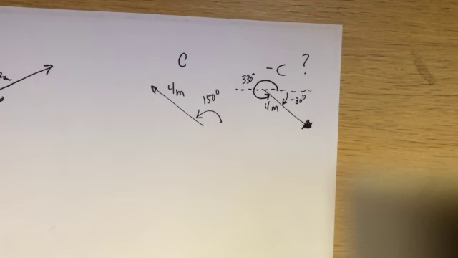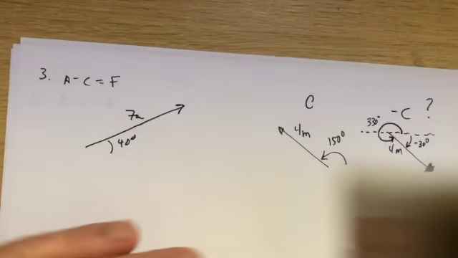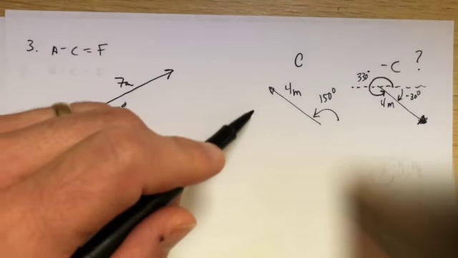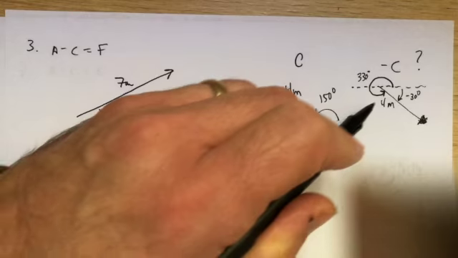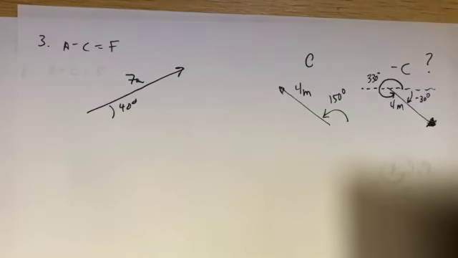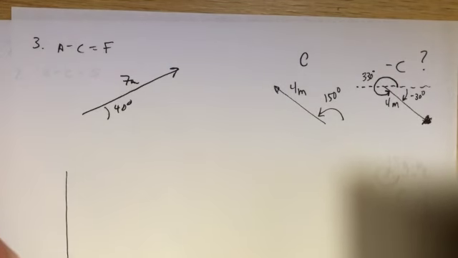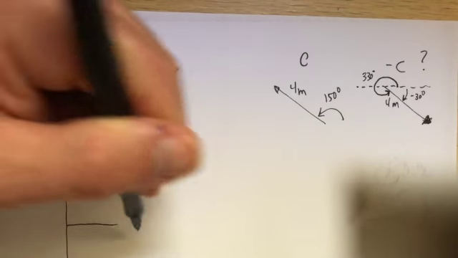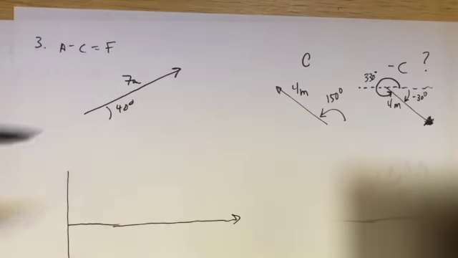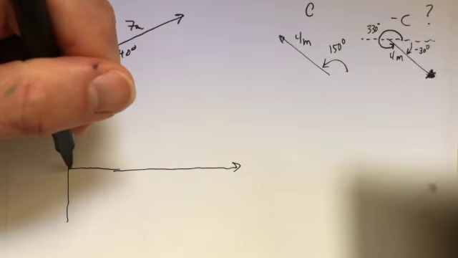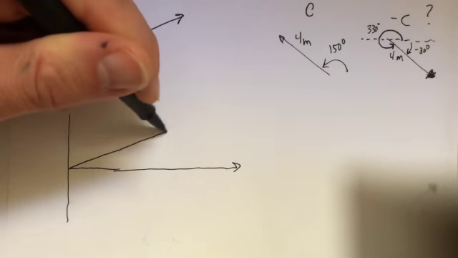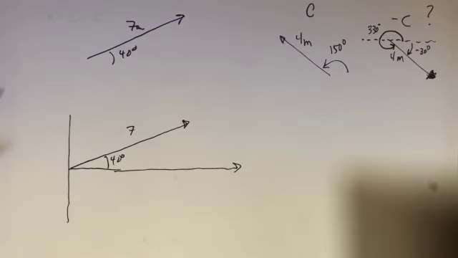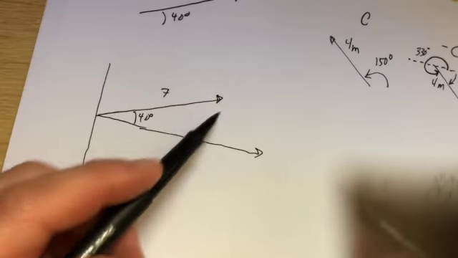So, when I add these two vectors together, I'm not going to be putting it together with this vector, I'm going to be putting it together with this one. So let me draw my axis out again here. All right, and I draw out vector A, 7, 40 degrees, and then negative C is going to come down.